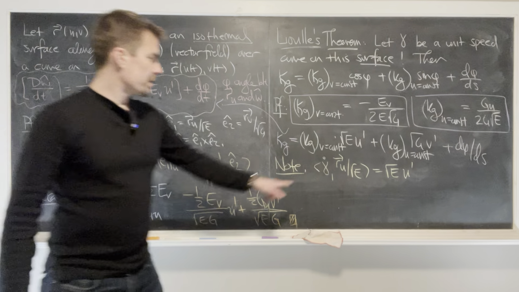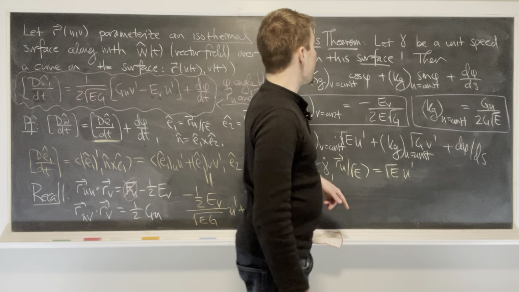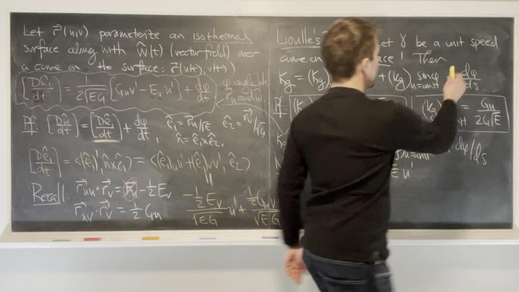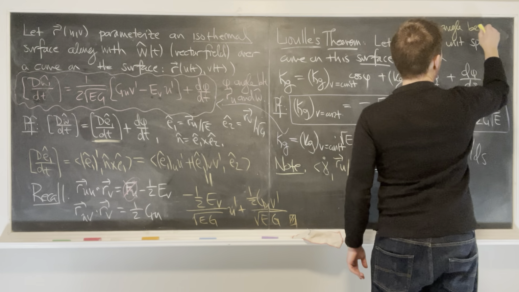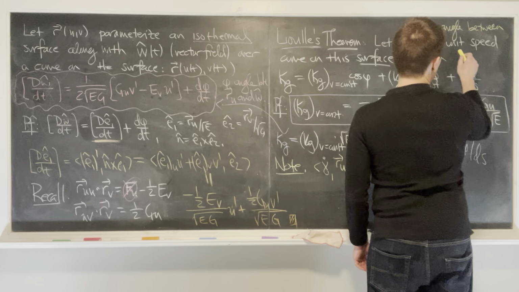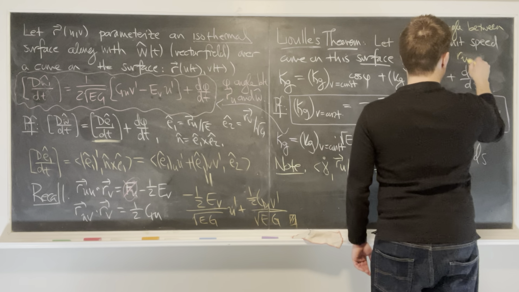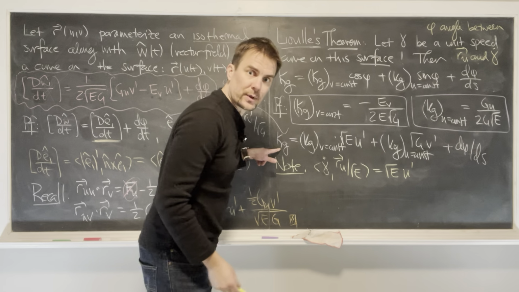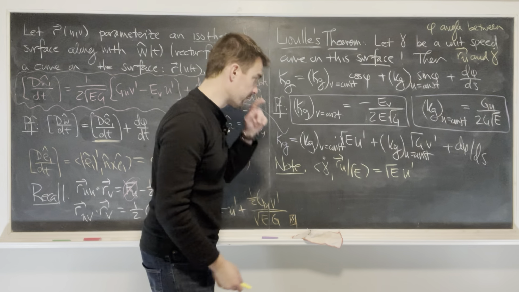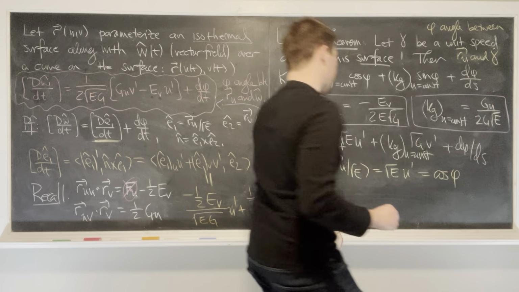Good. But this is a unit vector, this is a unit vector, so that gives me the angle. Of course, here phi is the angle between R_u and gamma dot. That's what gives us the geodesic curvature over here. Beautiful. Okay? But this is also equal to the cosine of phi, right?